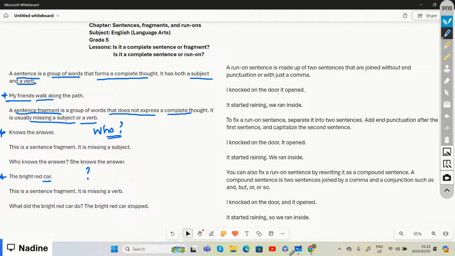A run on sentence is made up of two sentences that are joined without an end punctuation or just a comma.